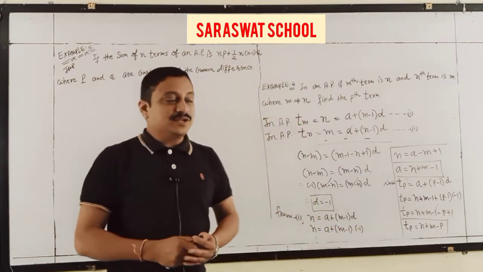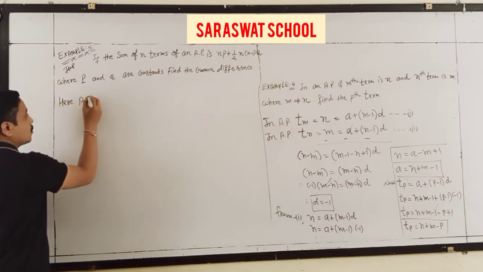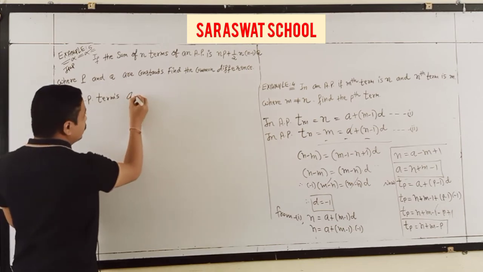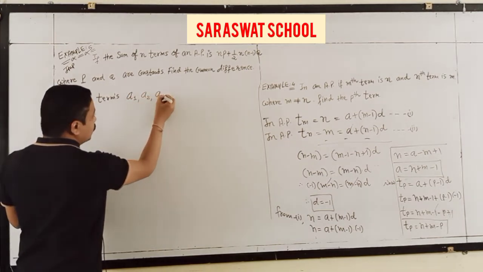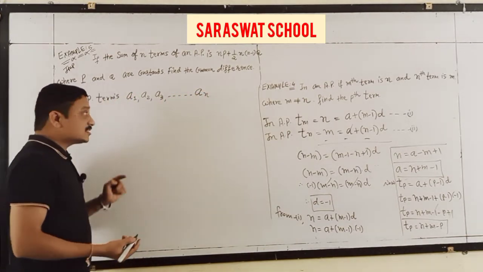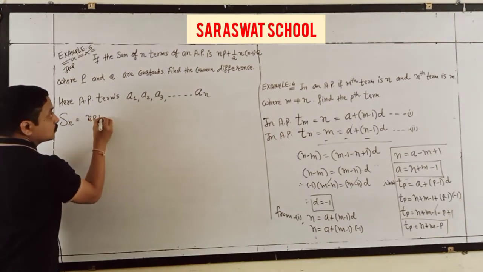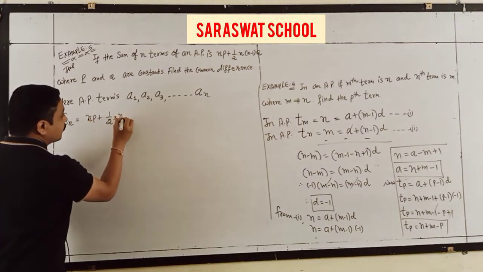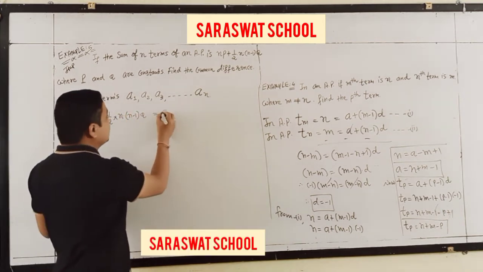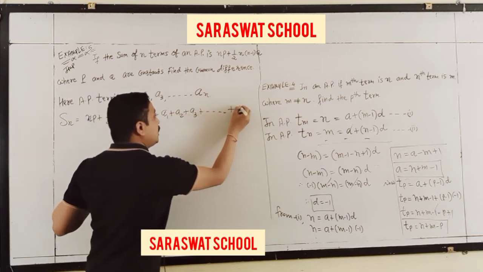Students, here generally I take the AP terms A1, A2, A3 and AN, and the summation given is Sn, which is np plus half n minus 1 q.